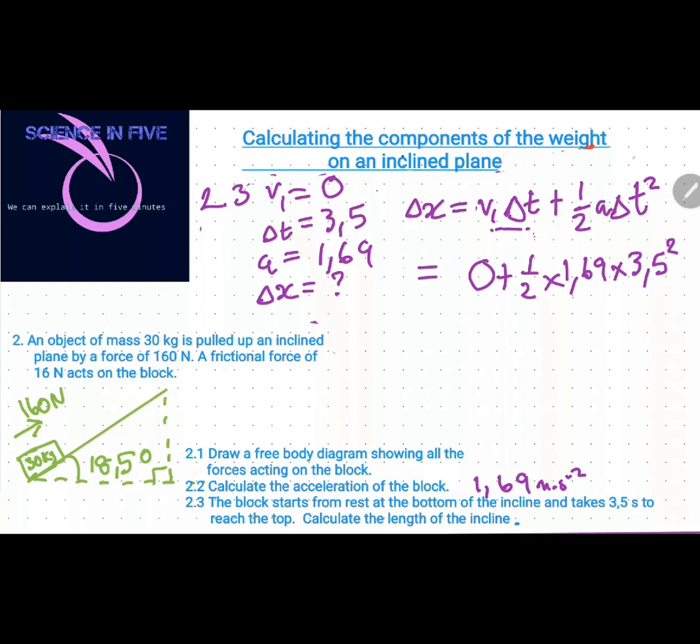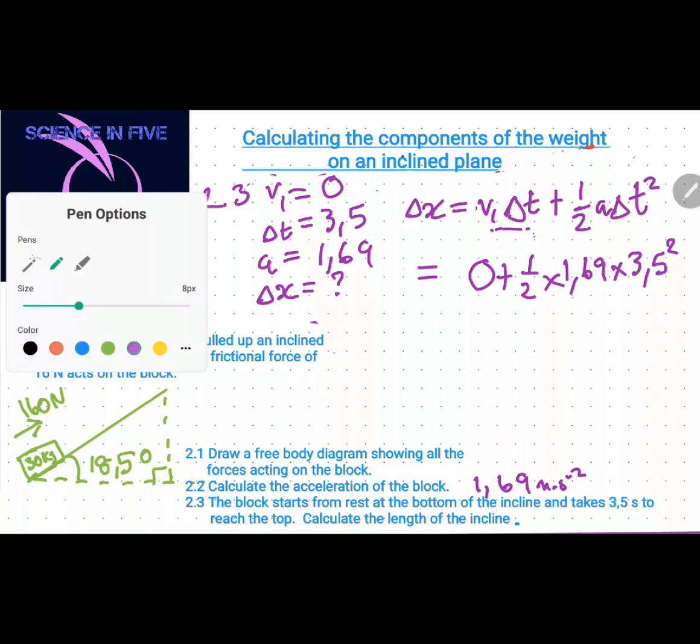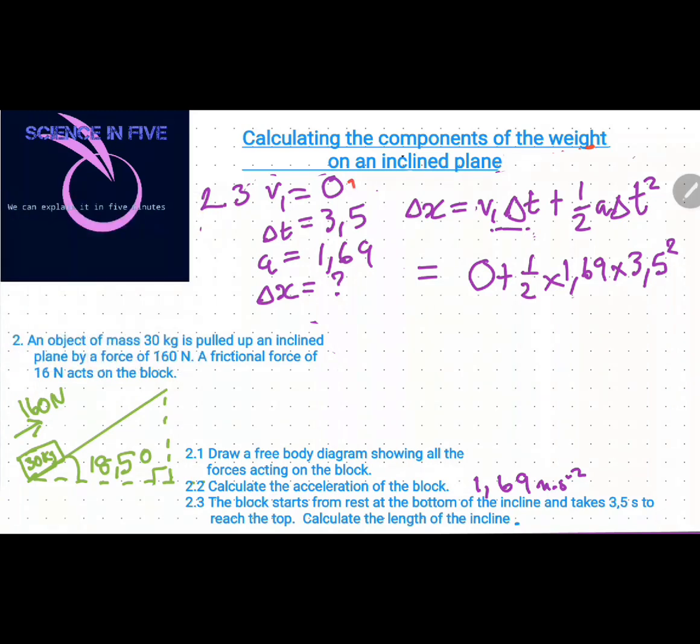Remember, whenever you're employing an equation of motion, the idea is to get three quantities. Then the fourth quantity that you want to work out, you're going to choose an equation of motion for it. So you're now going to have to choose an equation that has got four quantities from the big four. Remember the big four equations of motion? I generally call them the big four. So choose one of the big four to solve the problem.